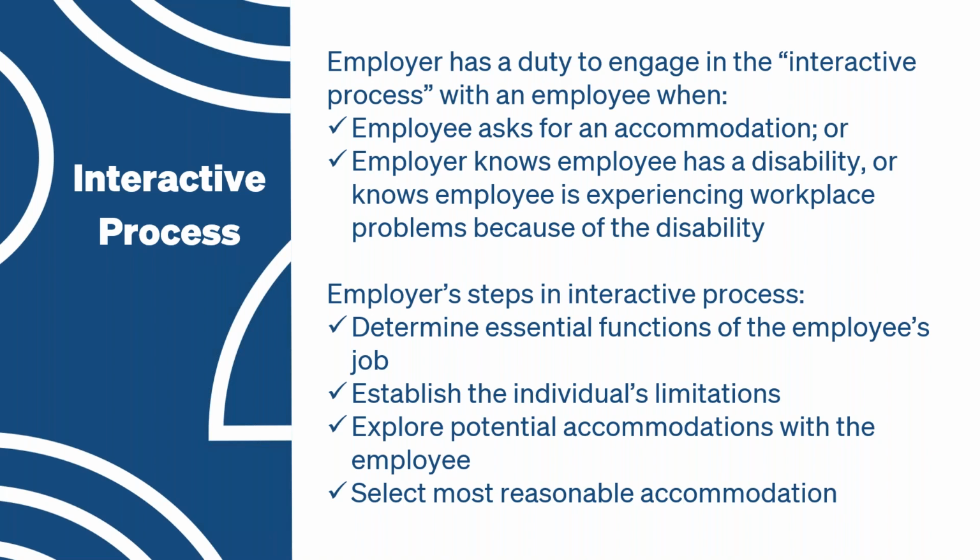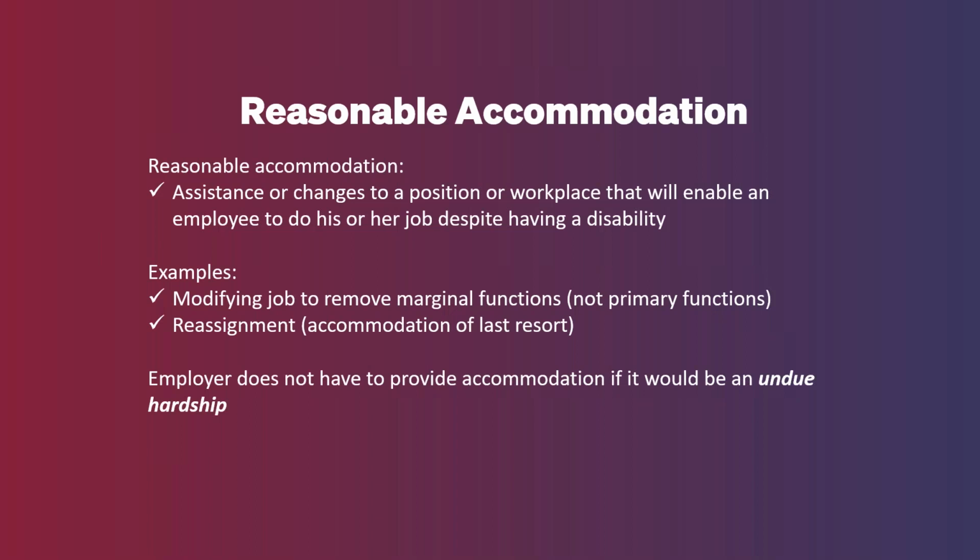So you would select the accommodation that is most reasonable, that is going to allow the employee to perform the essential functions of their job and make things go smoothly.